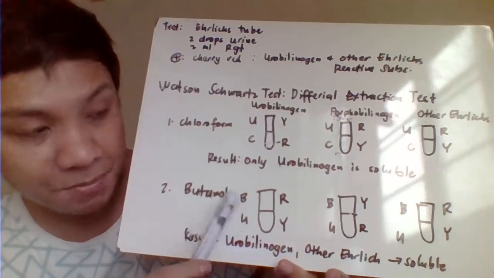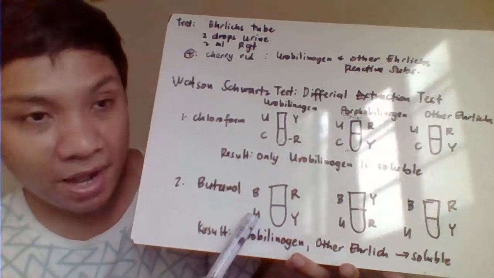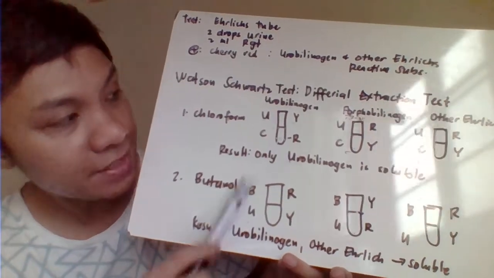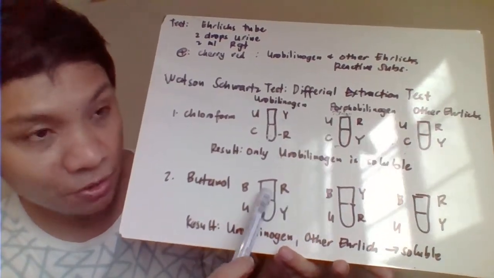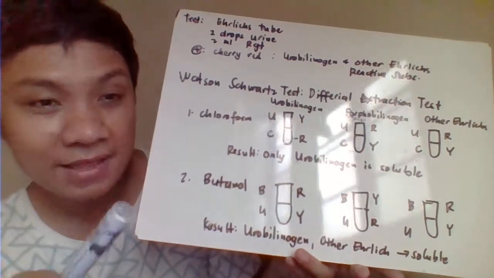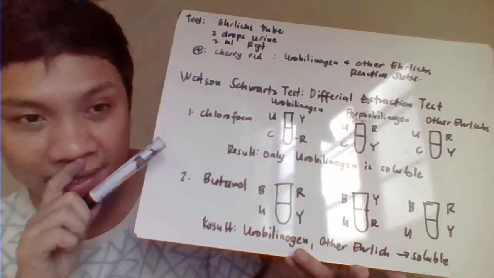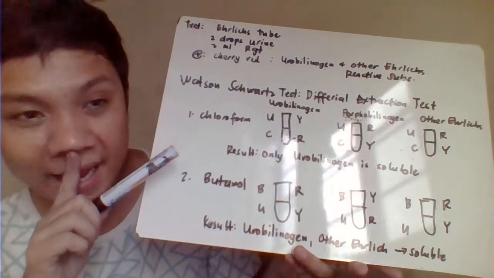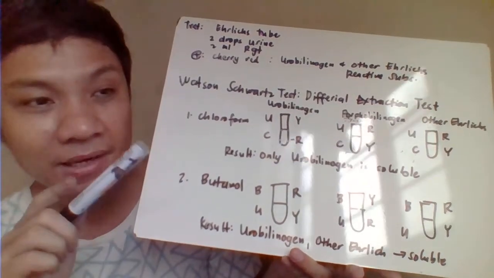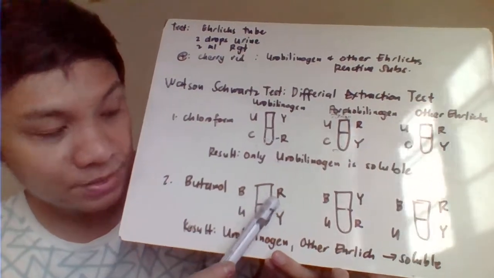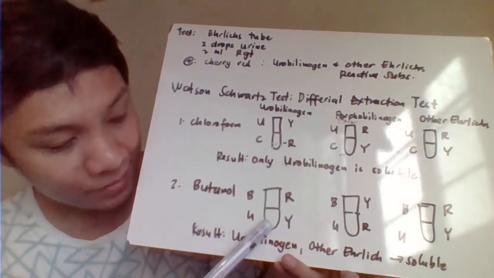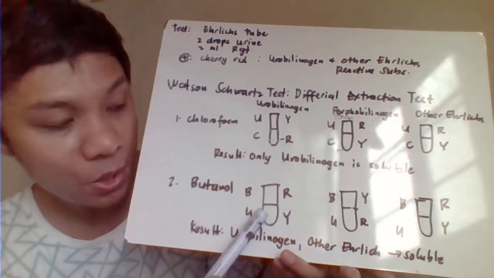Here, the butanol is on top and the urine is at the bottom. In the case of urobilinogen, it is red again in the butanol. Meaning, when your reagent, here butanol, turns red, it is soluble. The urine at the bottom is yellow.